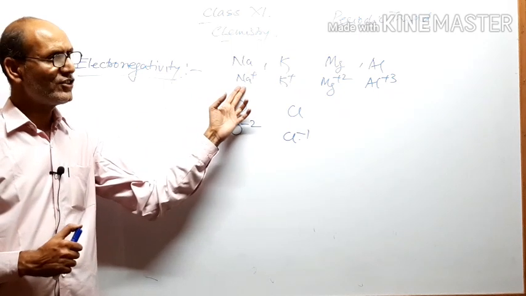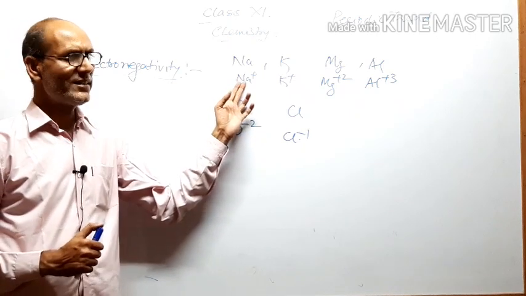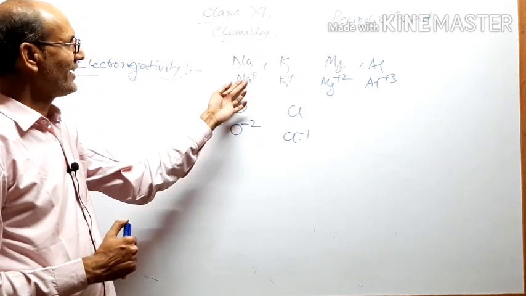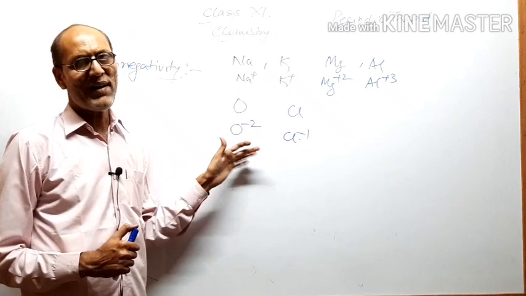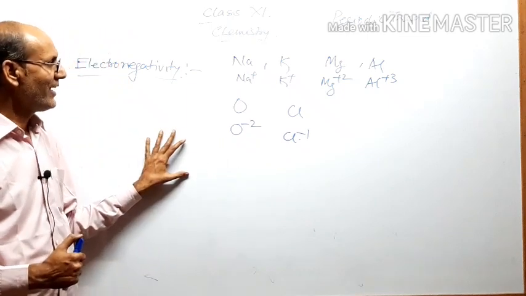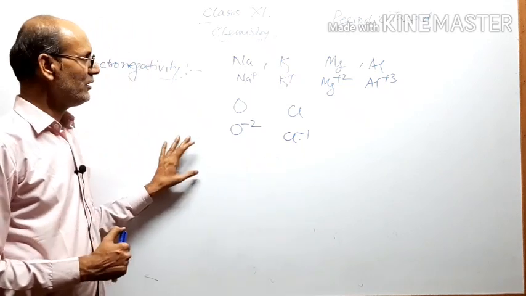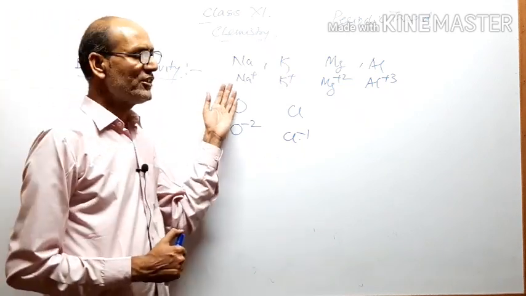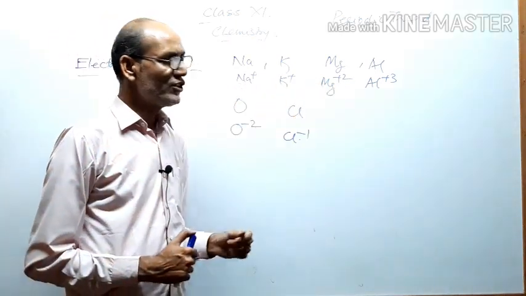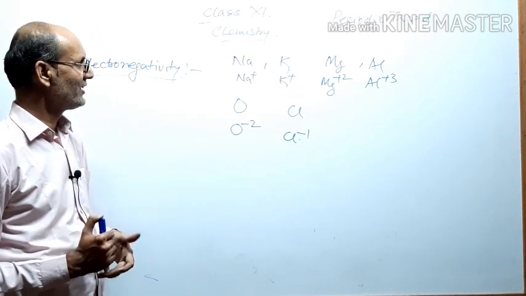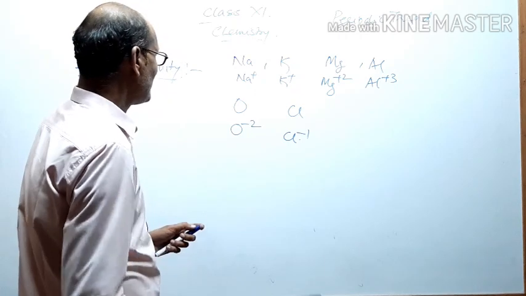Metals have a tendency to lose electrons, their tendency to gain electrons is very less, that means they can never attract or gain electrons, while non-metals like fluorine, chlorine or oxygen have a high tendency to gain electrons. That means the electronegativity of non-metallic elements will be very high, while the electronegativity of metallic elements like sodium, potassium, calcium, magnesium, chromium will be very less. So students, first of all you have to note down the definition of electronegativity.